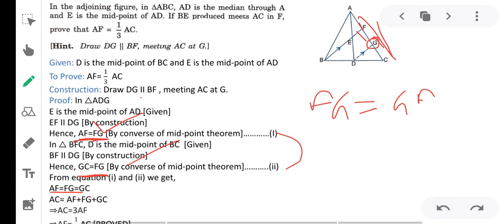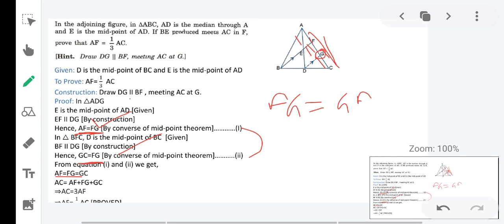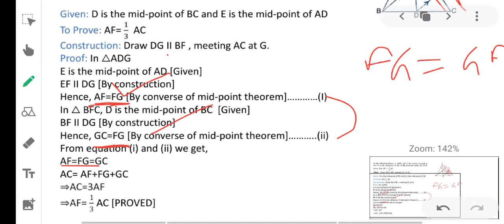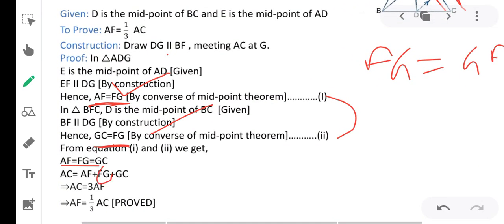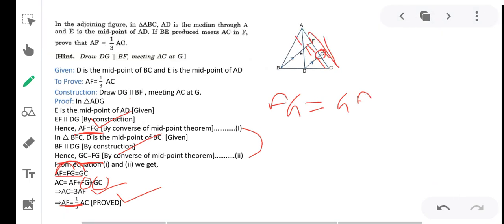So AC equal to AF plus AF instead of FG, because AF equal to FG, plus instead of GC you can write AF, because AF equal to GC also. So AC equal to 3 AF, then AF equal to 1 by 3 AC. Clear?